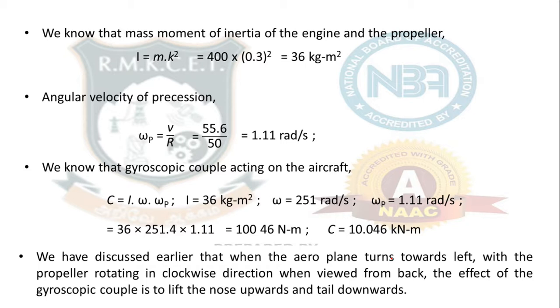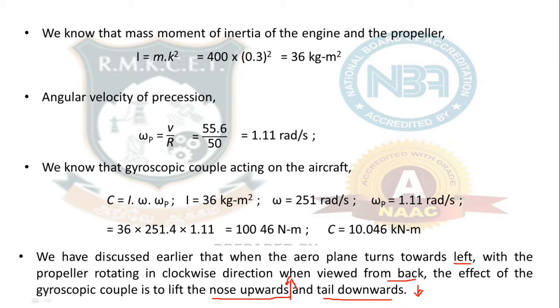You just go and check that video, it is available on YouTube. We have discussed earlier that when the aeroplane turns towards the left with the propeller rotating in clockwise direction, viewed from the back, the effect of the gyroscopic couple is to lift the nose upwards and the tail downwards. There is an entire tabulation, with 8 cases in which you can note down the effects.